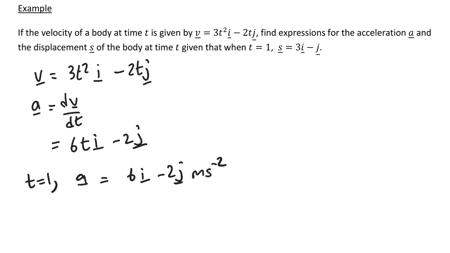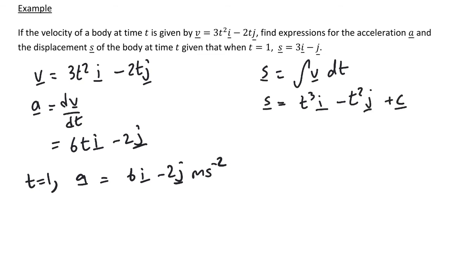To work out the displacement then, the displacement is the integral of v with respect to t. So we'll be integrating 3t squared, which will be t cubed i, and then integrating minus 2t with respect to t, we get minus t squared j plus some constant c. Now we know that when t equals 1, s equals 3i minus j. So we're going to have to substitute that in.